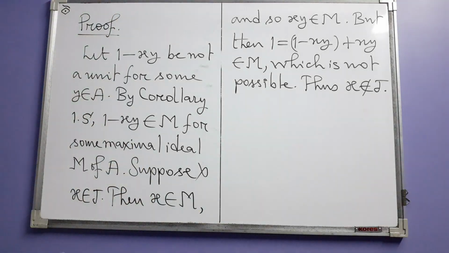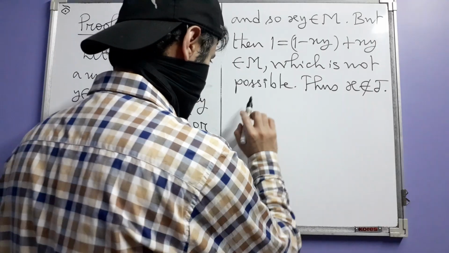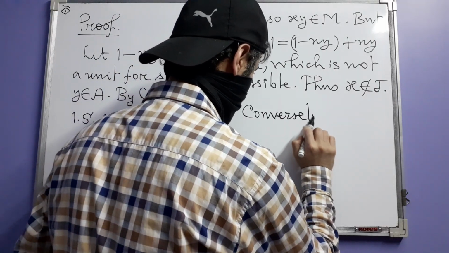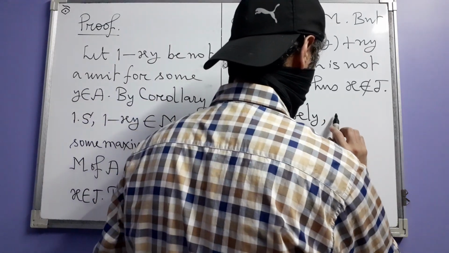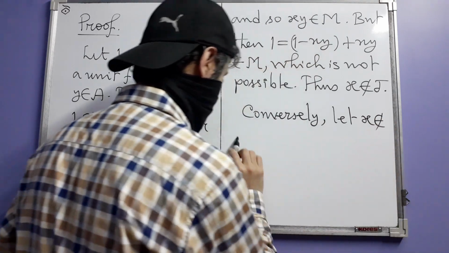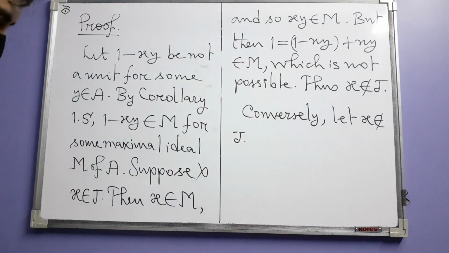Now we go for the converse. Conversely also, here also we go indirectly. Conversely, let x be not in J. Okay, so then what do we get?